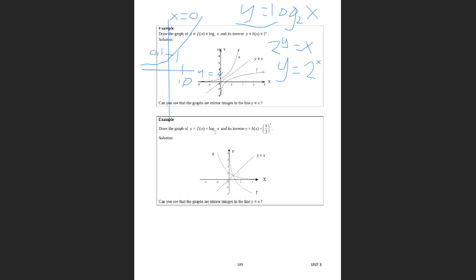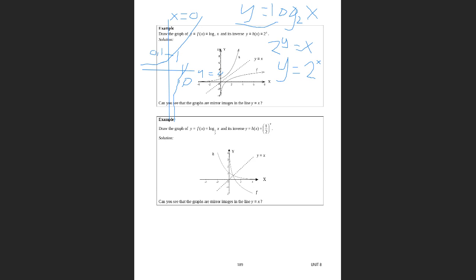Here we saw that this graph was an increasing function: x was increasing, y was increasing. So the inverse function too must be the same thing. As y increases, x also increases.